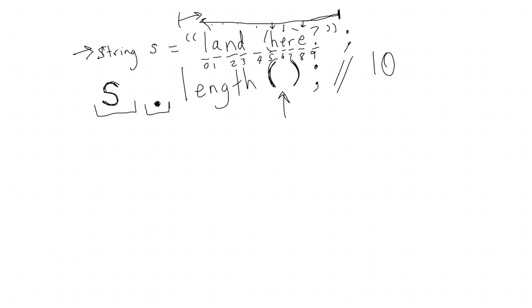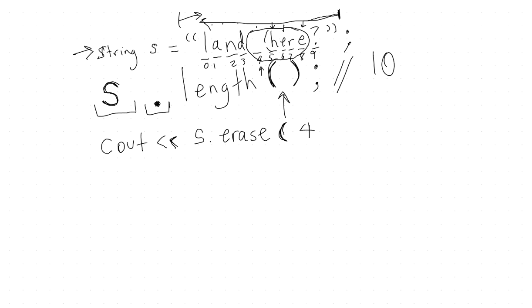Okay. Next is, let's say we have the string, and now we want to change the string and get rid of a portion of it. So we can do s dot erase. To do this, pass in the index you want to start erasing from. Let's say I want to erase this portion of my string. Then I would have to start at 4.